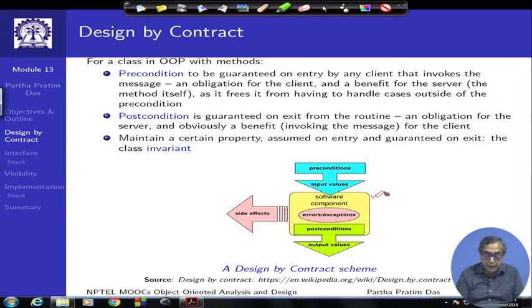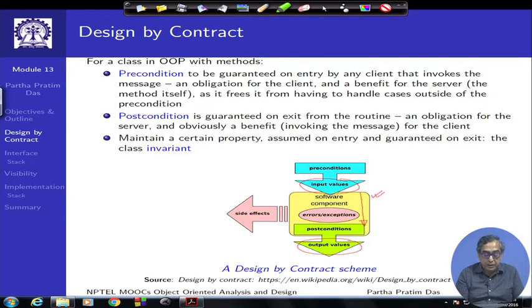We say that this component, this object or this particular method of an object, is requested with a message with certain input values. So, if a message arrives to the object for a particular method, then that method will take those input values and start executing, and then it will produce output.